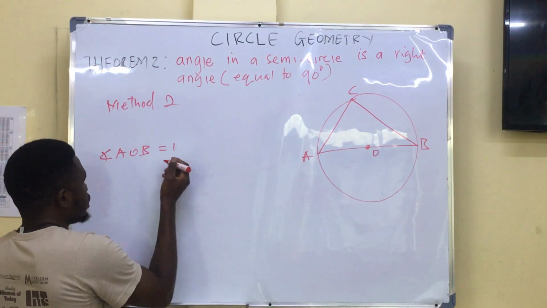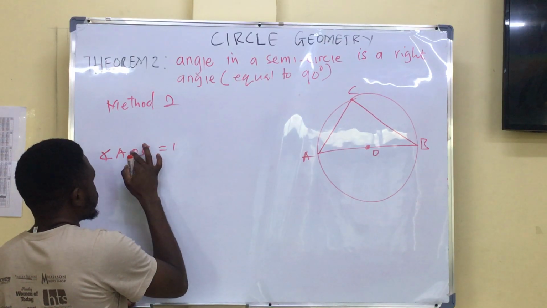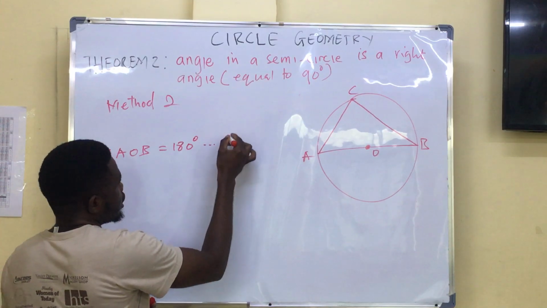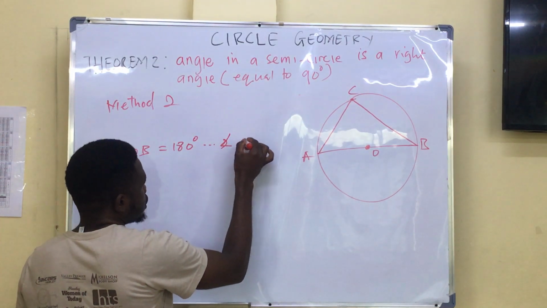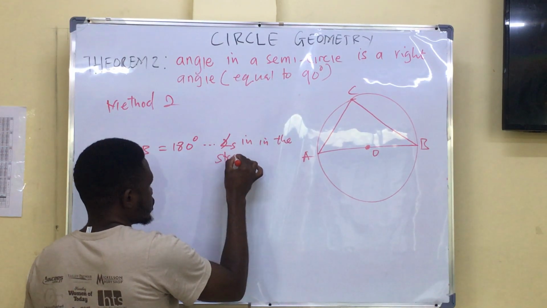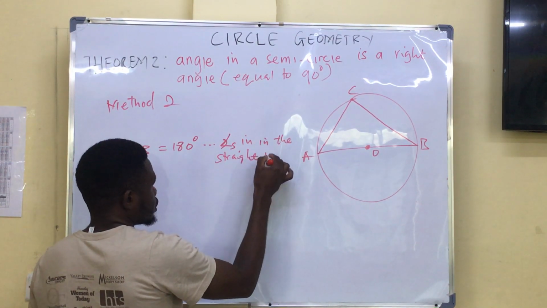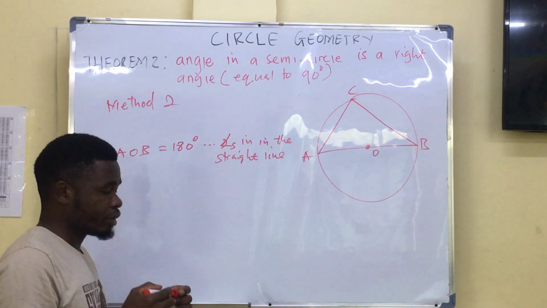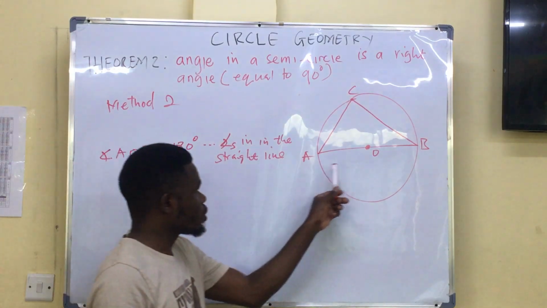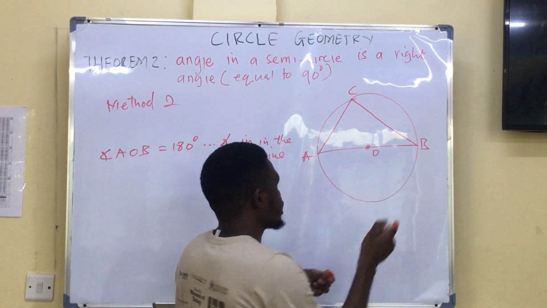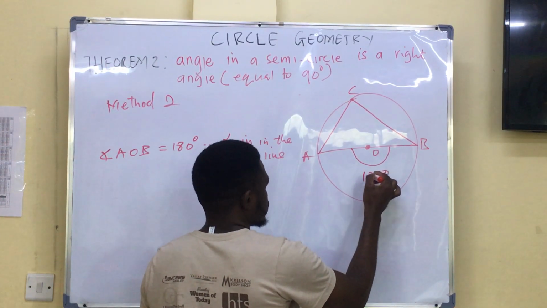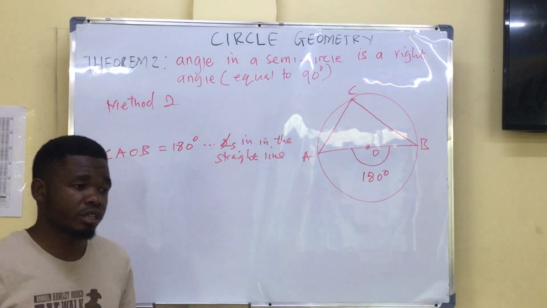Angle AOB is equal to 180 degrees. Why? Angles on this line, right? Meaning that this angle AOB is equal to 180 degrees. Right? Why? Angles on a straight line.